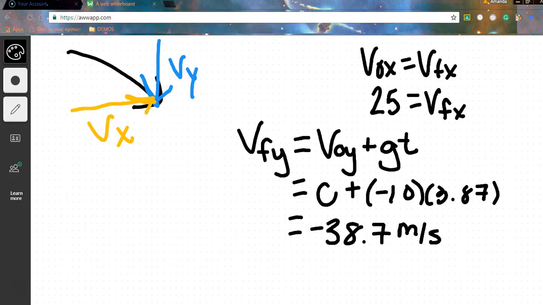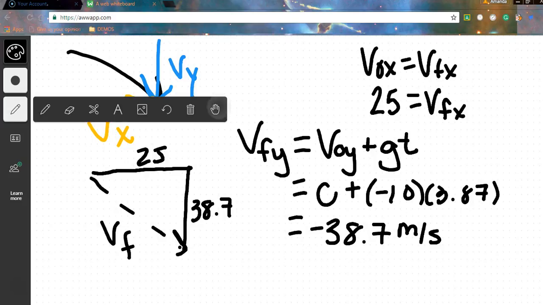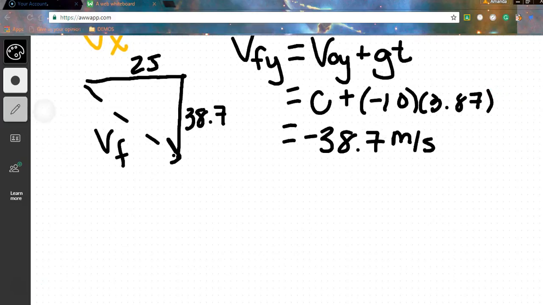Now what we have is a triangle, just like the image I have up top here, except we're going to have the x of 25, the y of 38.7, not drawn to scale, and then the final total velocity as the dotted line hypotenuse, which we need to figure out using the Pythagorean theorem.